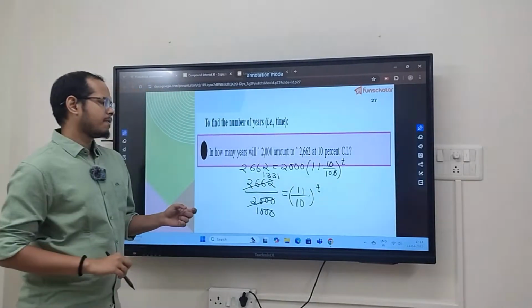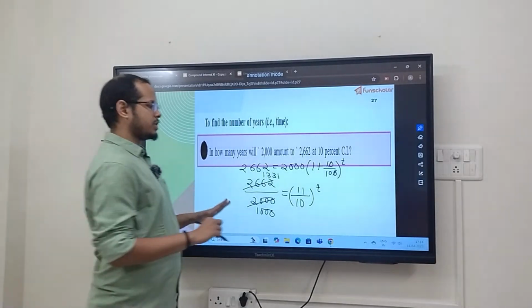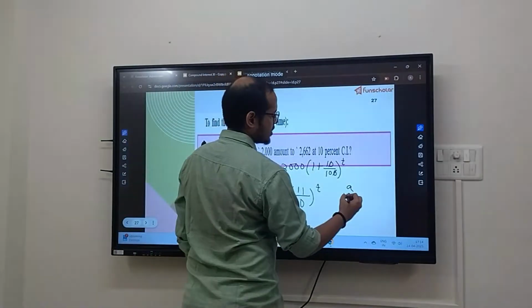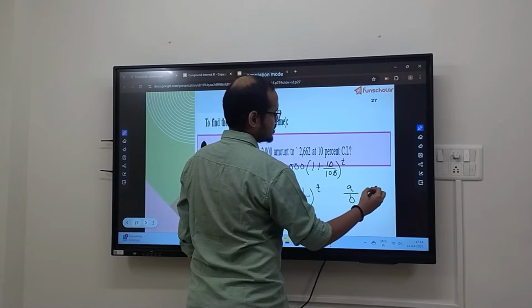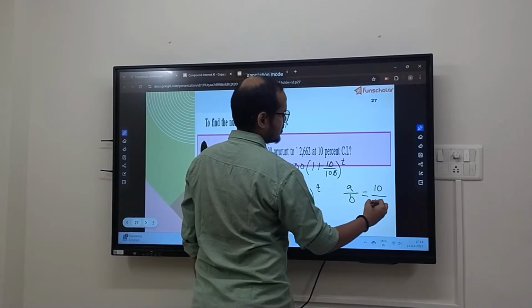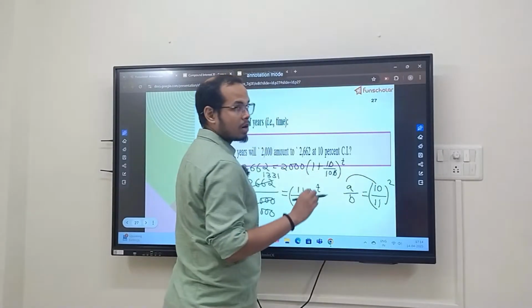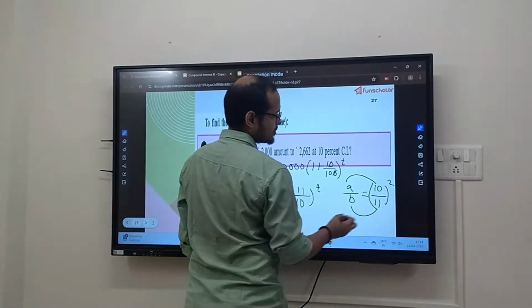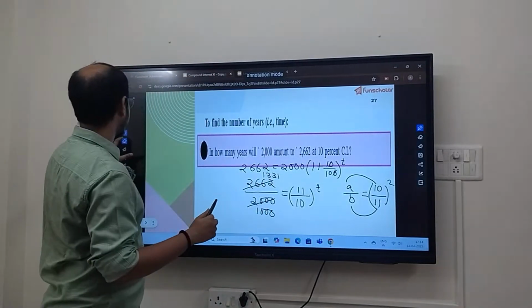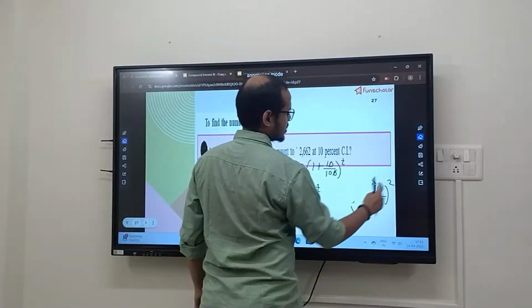Now we have already learned this in exponents, that a by b is equal to 10 by 11 if it's going to be a square, so a will be a multiple of 10, b will be a multiple of 11. We're going to utilize that particular concept only in this particular portion.